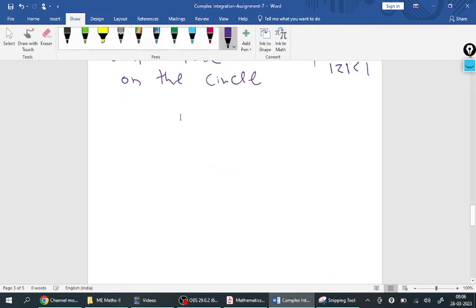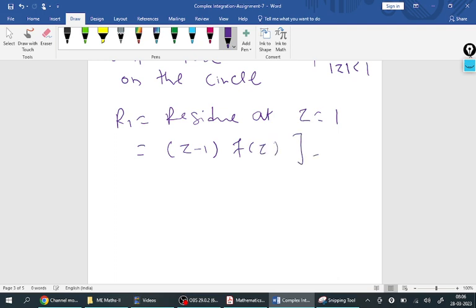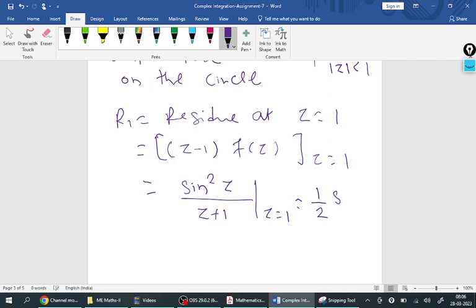Now R1 is the residue at z equal to 1. That is z minus 1 into f z at z equal to 1. So z minus 1 gets cancelled. We have sine square z upon z plus 1 only left at z equal to 1. So we get 1 by 2 of sine square of 1.